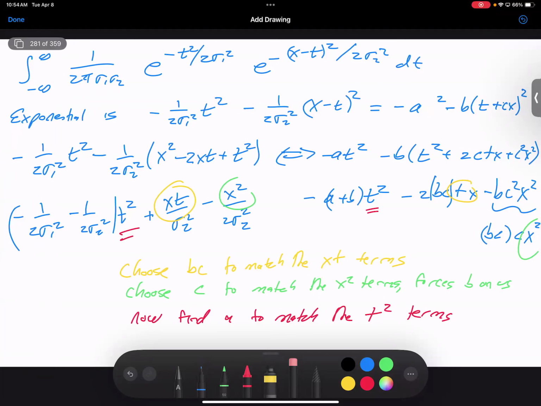I wanted this to be x squared, because there's an x squared over here. This was just a typo. Right, because I've got to get the x squared term over there. So now I match the x squared terms.